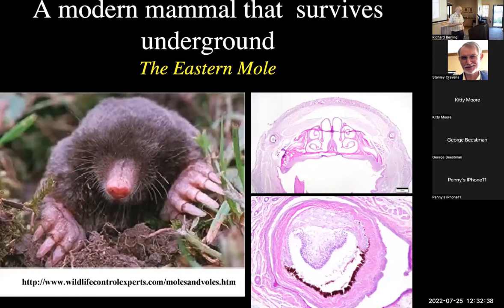So let's look at a mammal that has undergone this degeneration of its eyes much more recently. And this is an eastern mole, but it could be any kind of mole. This is a microscopic view of the whole head, cut at about this level here. And you can see the tiny little eyes, in fact, you can't see eyes here because the skin has covered over the eyes.